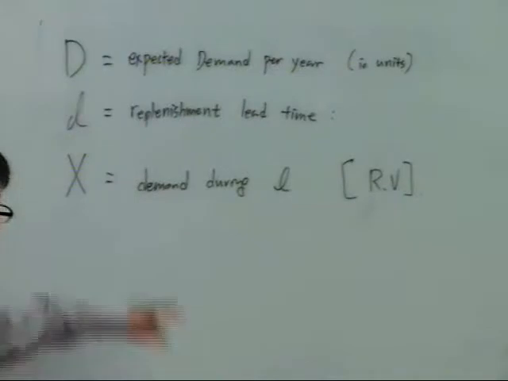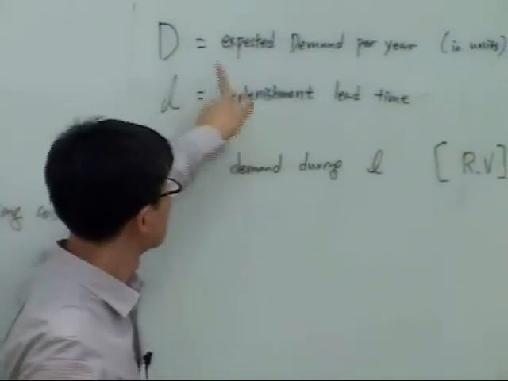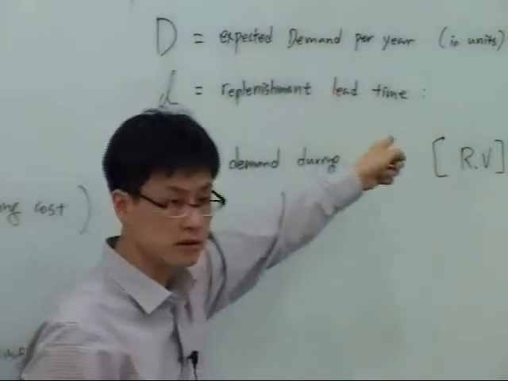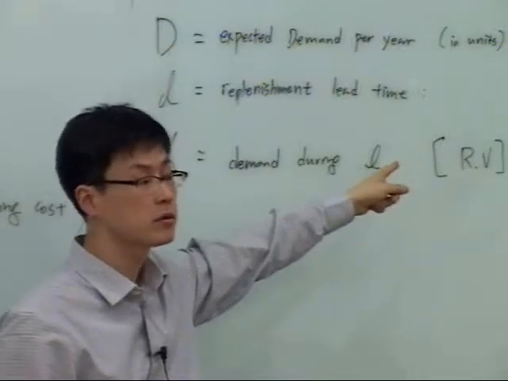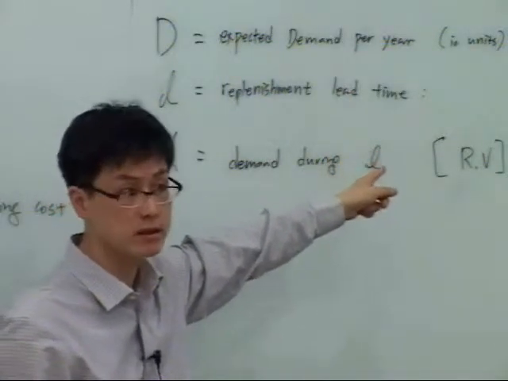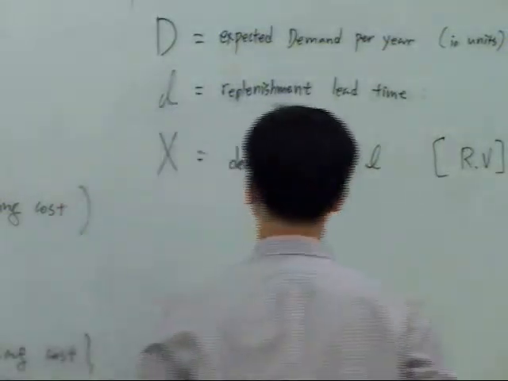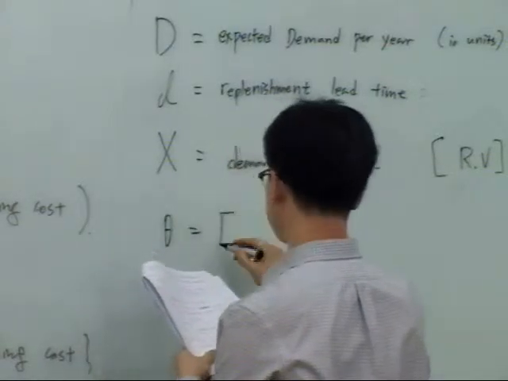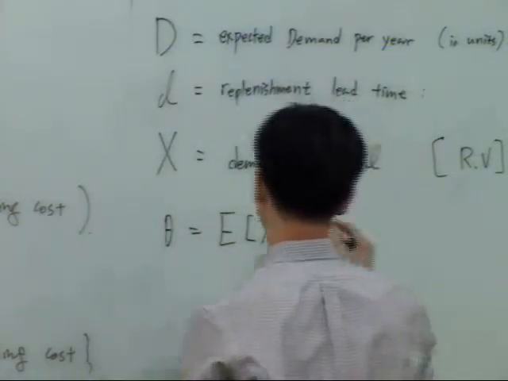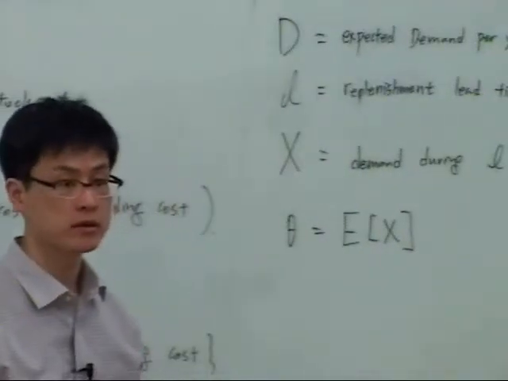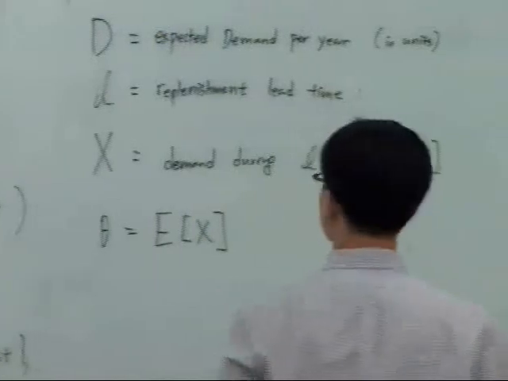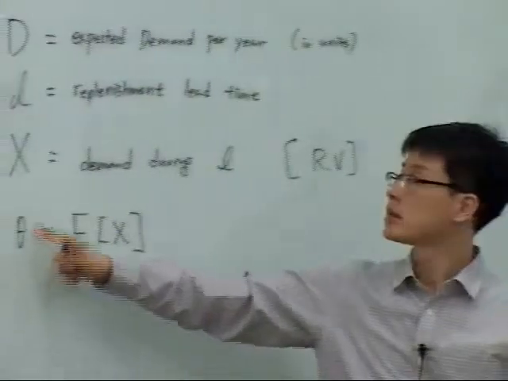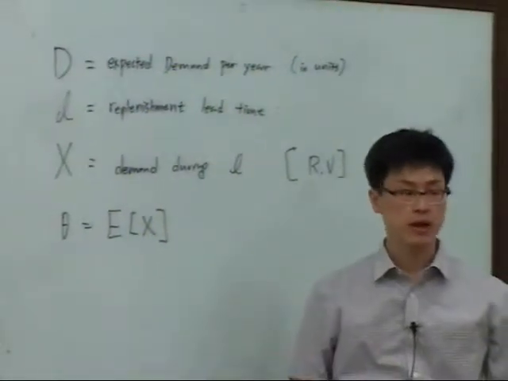And can you see the difference? X is the demand during L. D is the expected demand, a mean value per year or per given time, but not specifically per lead time, okay? And theta is the expected value of demand during L. Question: theta and D, are these two values the same?